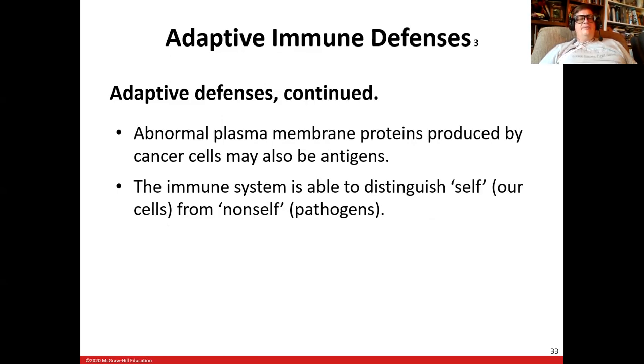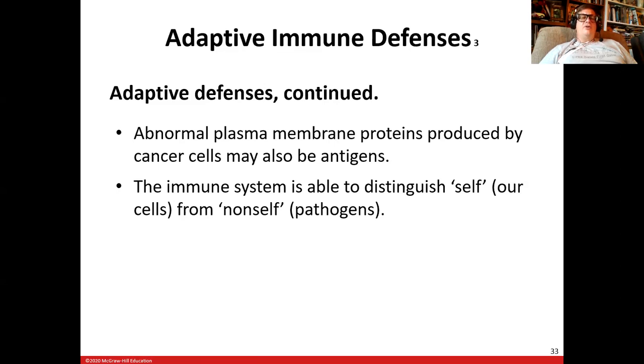So your adaptive defenses are looking for proteins in the plasma membrane that don't look like they belong. And if that's the case, well, whatever that plasma membrane is around is probably an antigen. So adaptive ones, this is telling what is self and non-self.